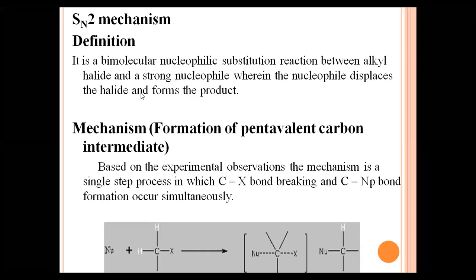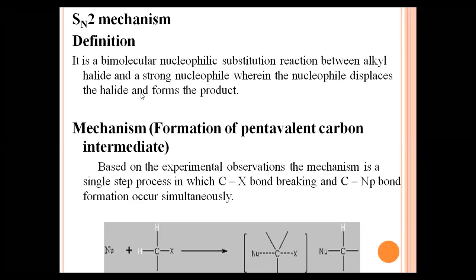the strong nucleophile. Very importantly, the strong nucleophile is required to carry out the SN2 mechanism. So it is a bimolecular nucleophilic substitution reaction between the alkyl halide and a strong nucleophile, wherein the nucleophile displaces the halide and forms the product.